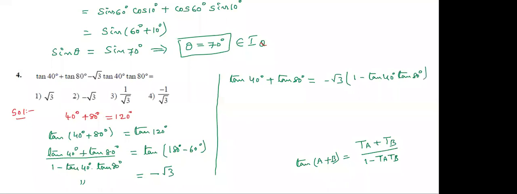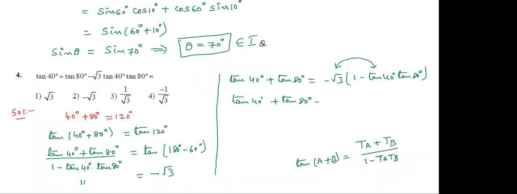Now multiply these two: minus root 3 into minus tan 40 tan 80 is root 3 tan 40 tan 80.